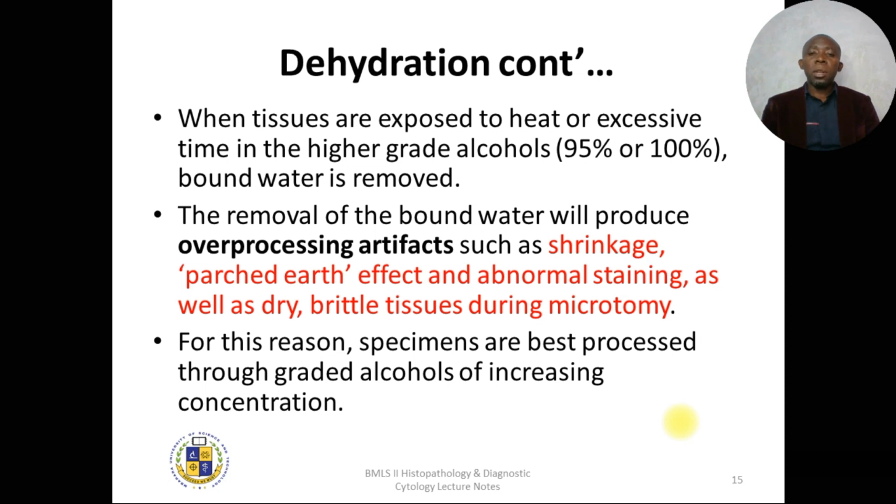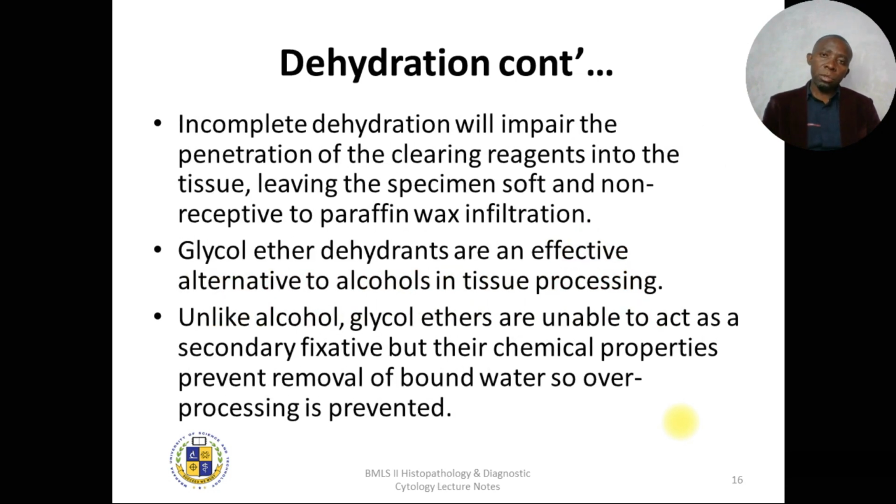So for this reason, specimens are best processed through graded alcohols of increasing concentrations. We start with low concentration, like for example we may start with 70%, 75, go to 80, 90 and 95, or what we refer to as absolute alcohol.